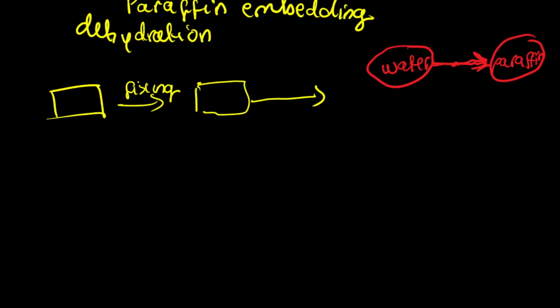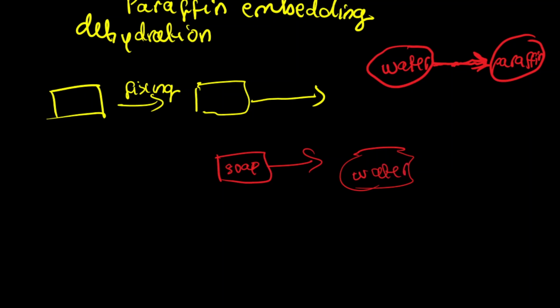We need a substance that is soluble in another so that we can have one coming out and another replacing. Okay, this is like having a cloth that is filled with soapy foam, and you continue rinsing and rinsing with water, such that what we now have in the cloth, instead of soapy foam, is now water.